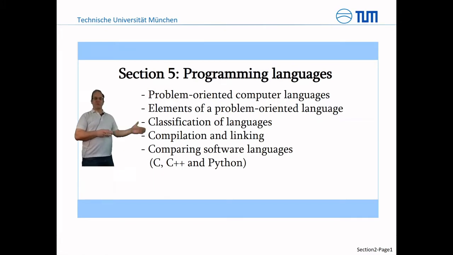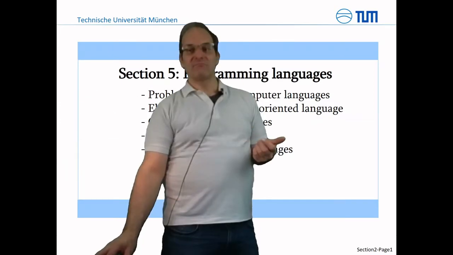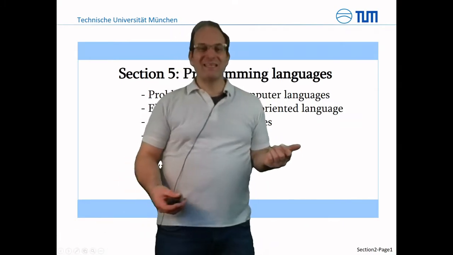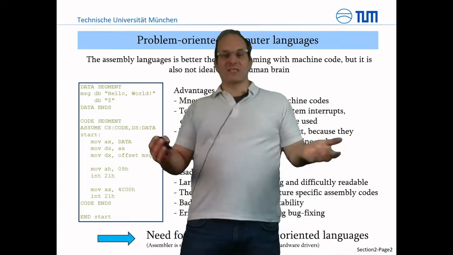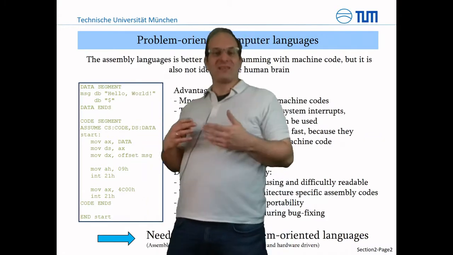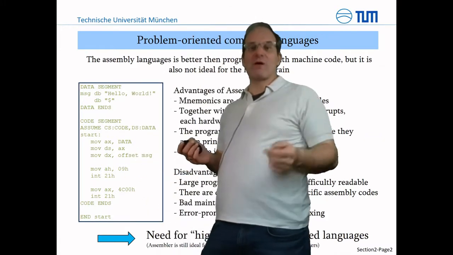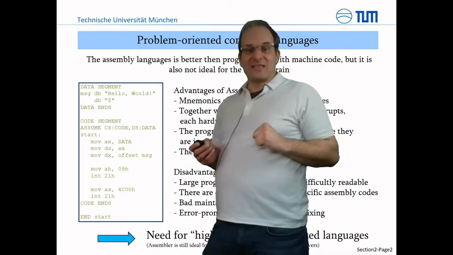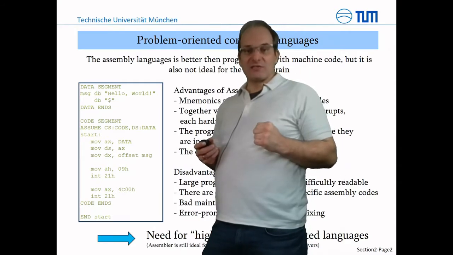This is what we want to do today, and therefore directly let's start with the discussion about what a language is. So we started with this here. If you watch, this is our assembly code, and if you remember, we discussed that there are some advantages and disadvantages.